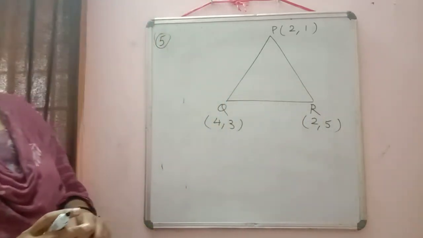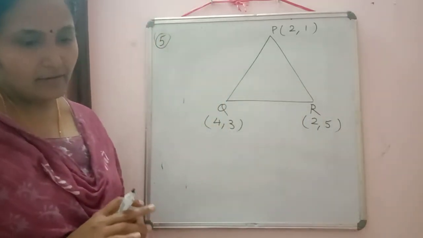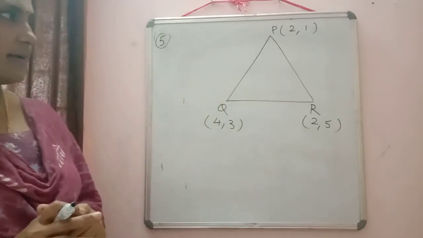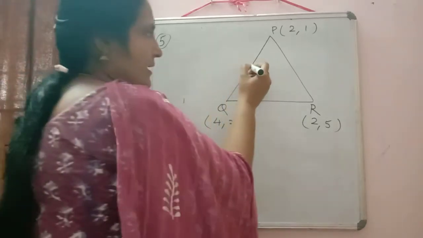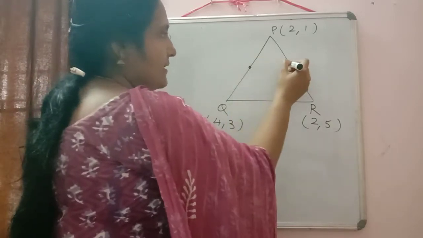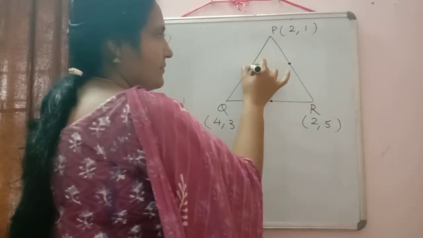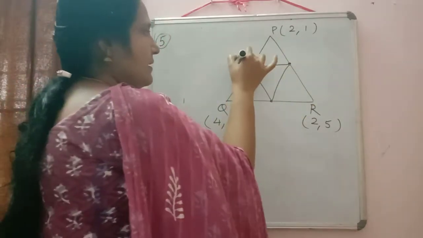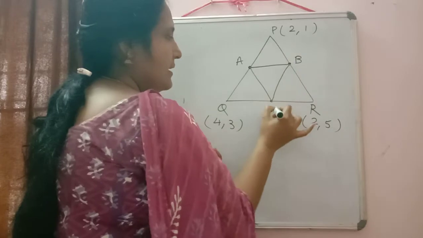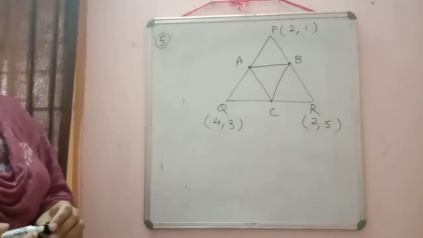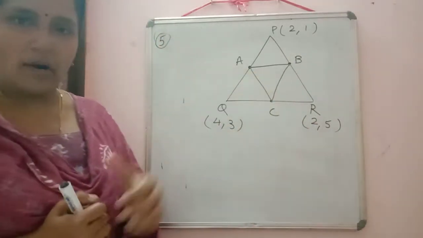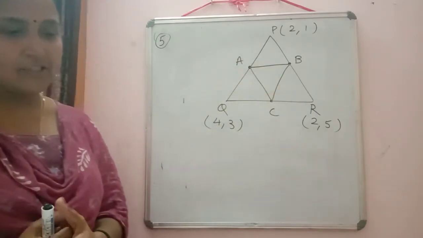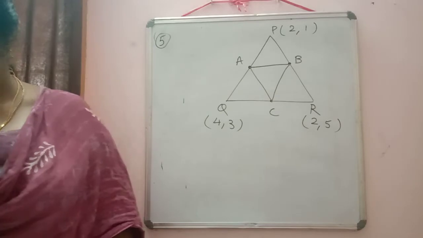We have to find the midpoints of each side. Suppose I name them A, B, C. We have to find the area of this small triangle and the area of the whole triangle, because we want the ratio there. So now we'll start.